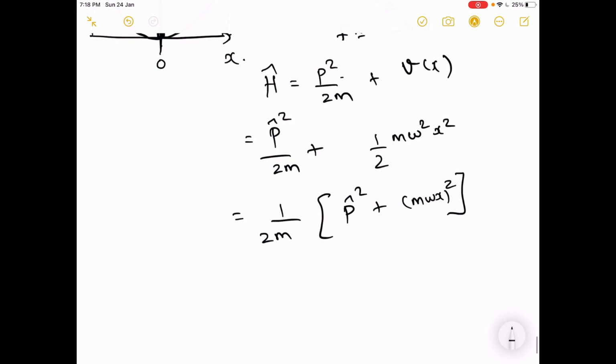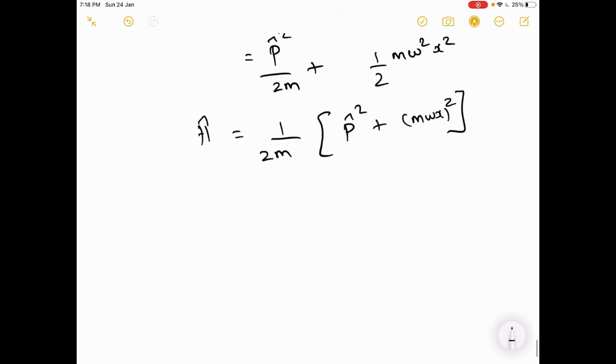So this is the Hamiltonian. The Hamiltonian is an operator, as we saw previously. Here you have everything as operators.